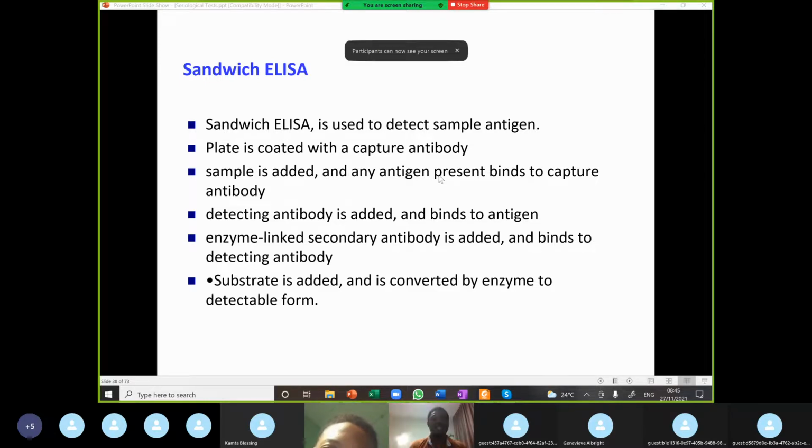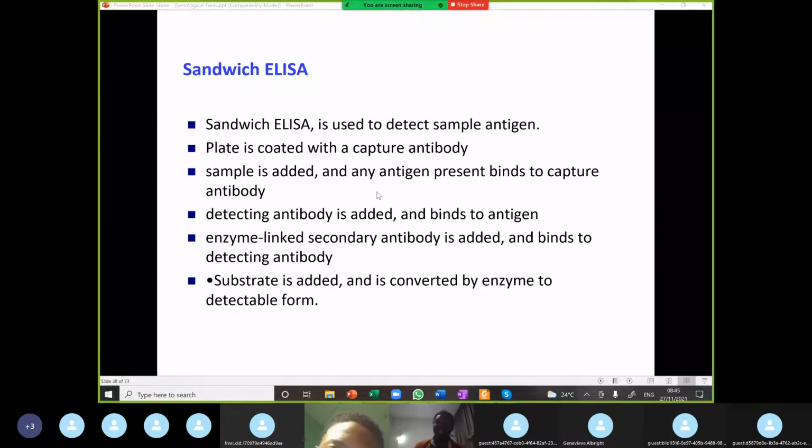So we're on sandwich ELISA, and we already passed the stage where you have captured antibodies onto the microtiter plates, you wash, and then you block, and then the sample, the serum from the patient, is added onto the captured antibody.